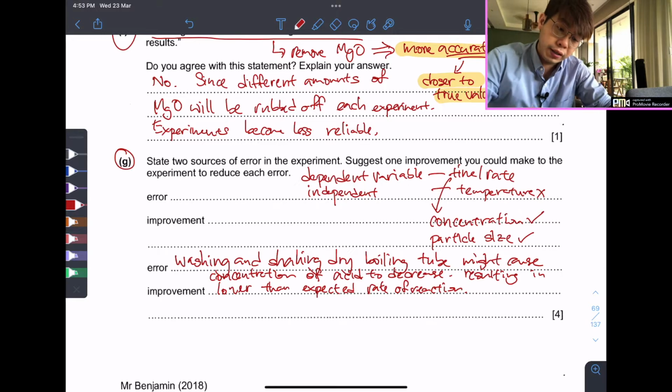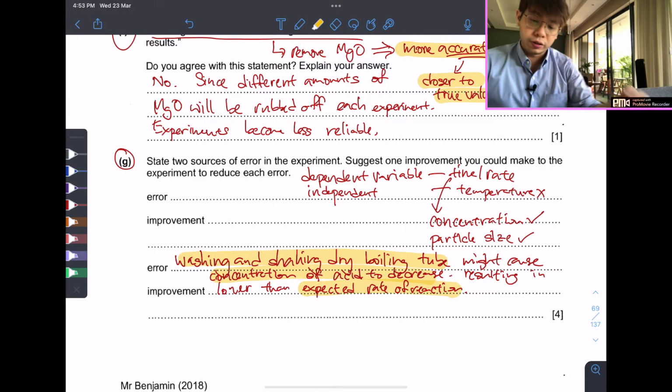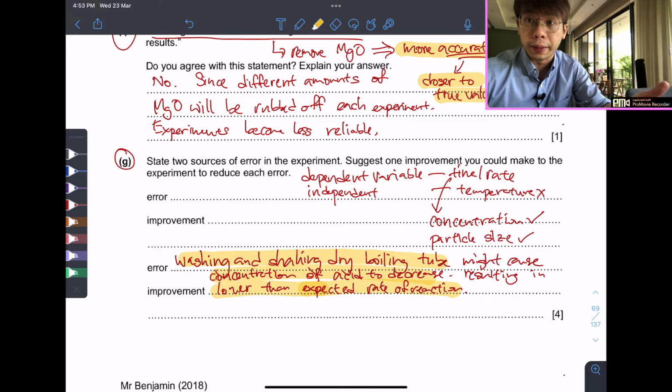So the error must say a few things. What is the thing that we do that is the problem? What is it going to affect? And what effect does it have on the results? Okay, so these three things. So the improvement here is just to replace the boiling tube all the time. Okay, use a new boiling tube all the time.